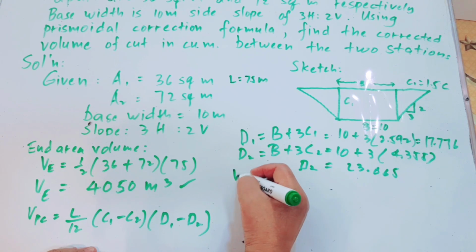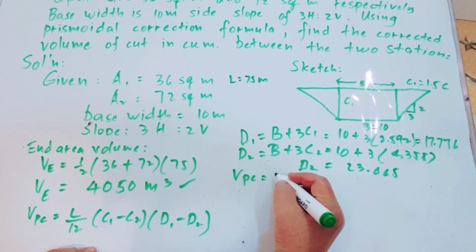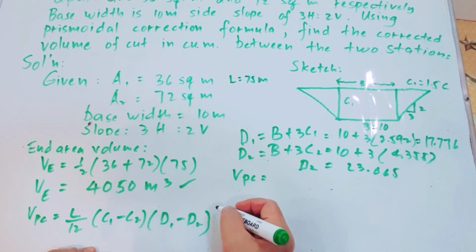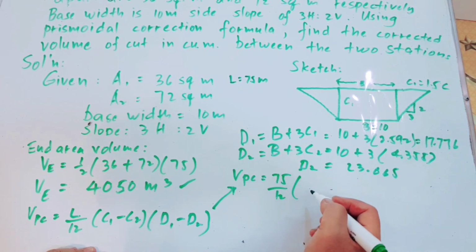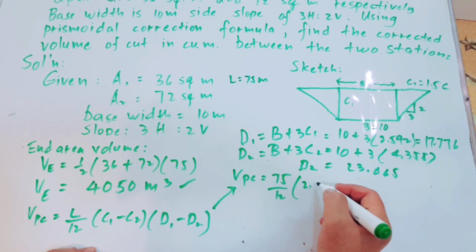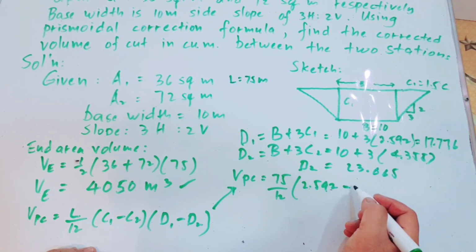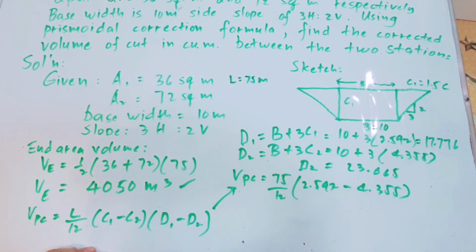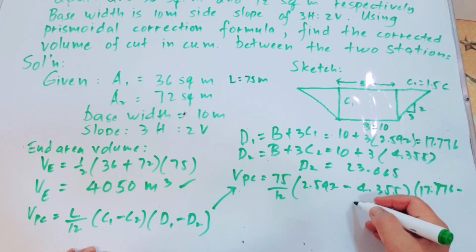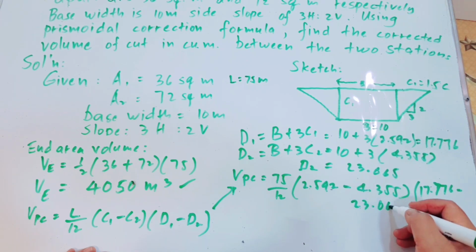V PC is equal to L, 75 divided by 12, times C1, which is 2.592, minus C2, which is 4.355, and of course D1, which is 17.776, minus 23.065.